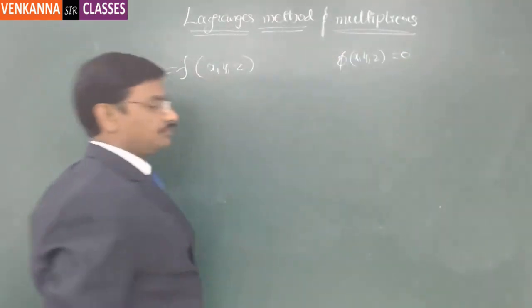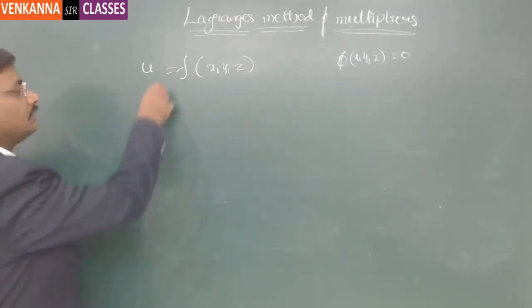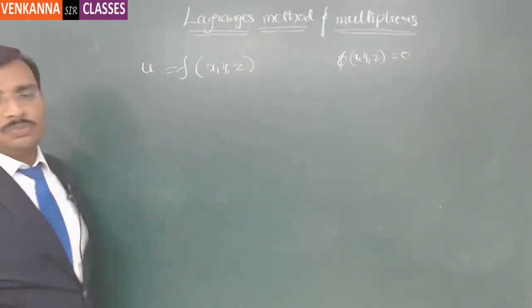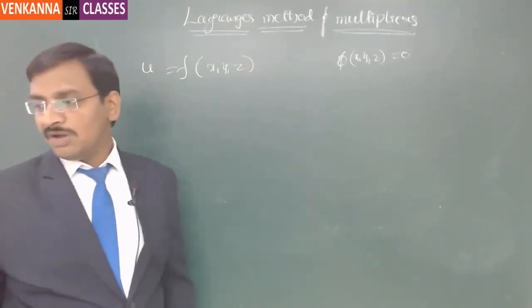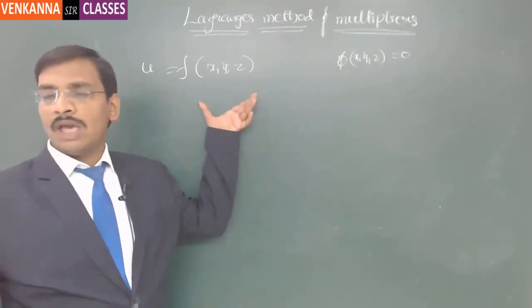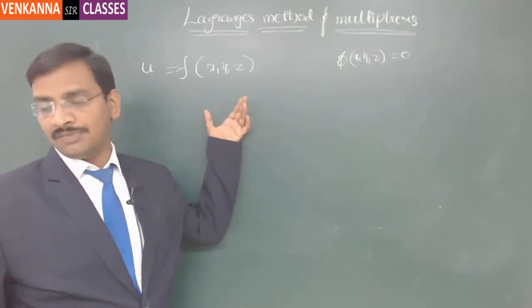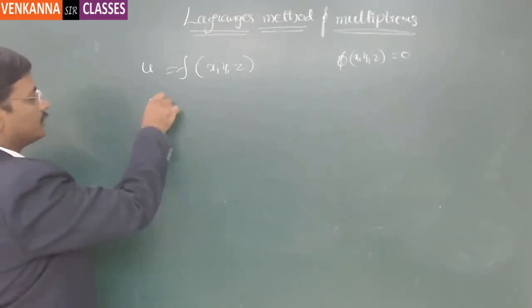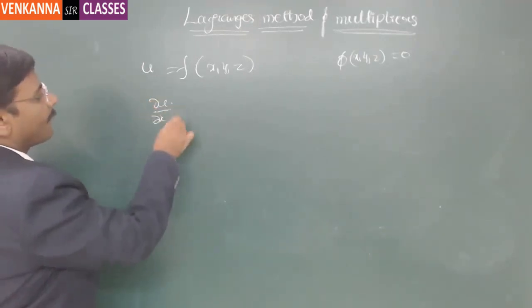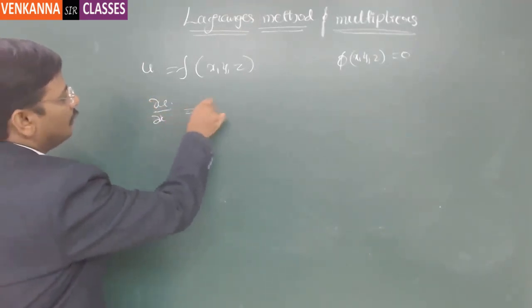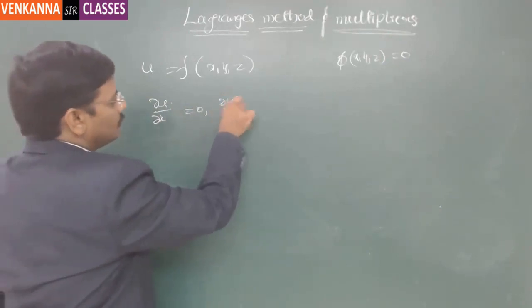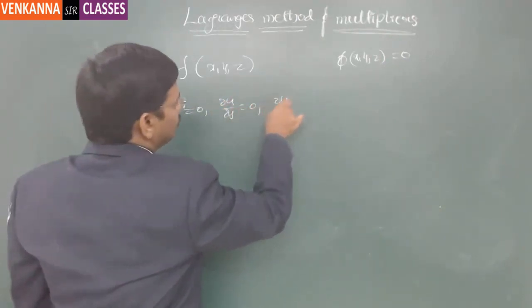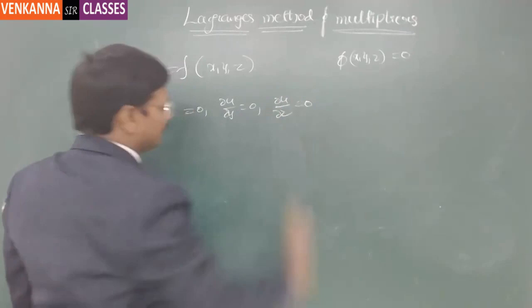Now for this, if you wanted to find the maximum value or minimum value, the first derivative has to vanish. This is a mandatory condition. That is dou u by dou x equal to 0, and dou u by dou y equal to 0, and dou u by dou z is equal to 0. So this is the fundamental condition.